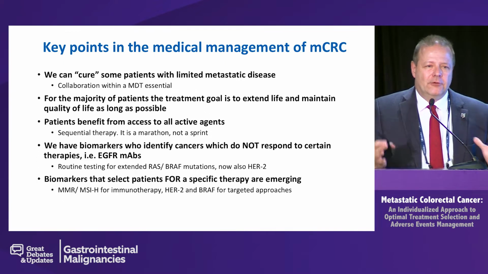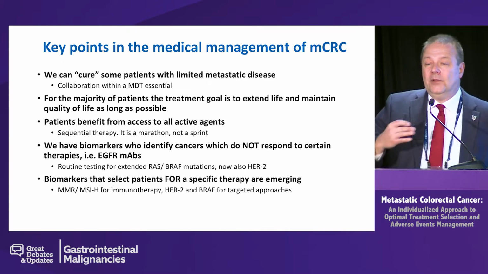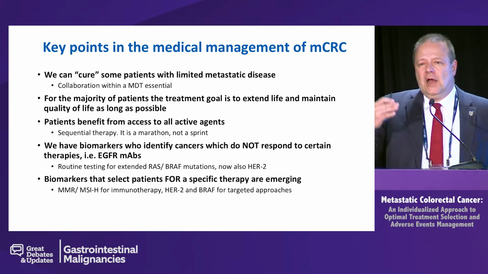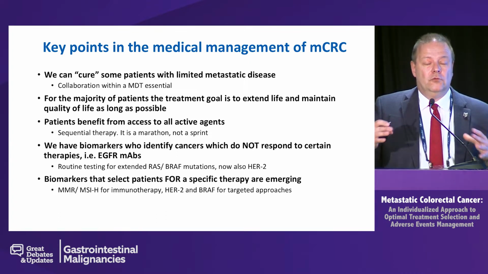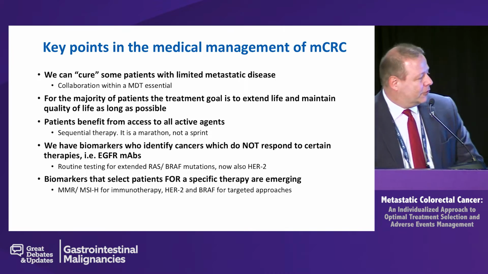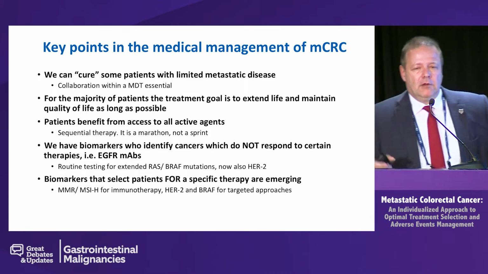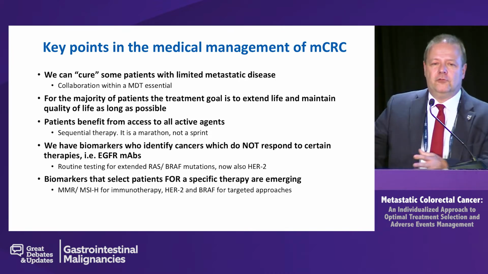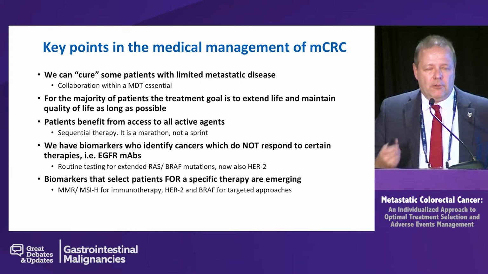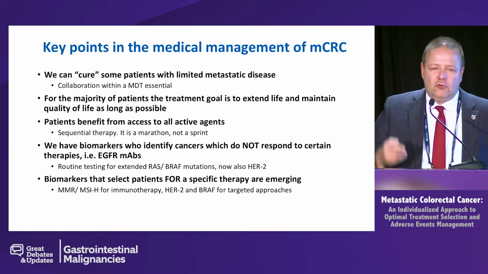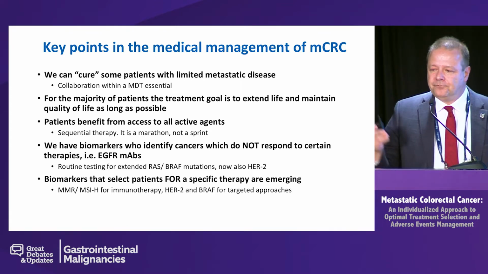And I think that's a very critical point. When I design a treatment approach, I always try to have plan B and plan C and plan D at hand in order to have a fallback position if treatments don't work. Then we have biomarkers to identify patients who don't respond to treatment, mainly EGF receptor antibodies. And then we have more biomarkers now emerging to select patients for a specific therapy.